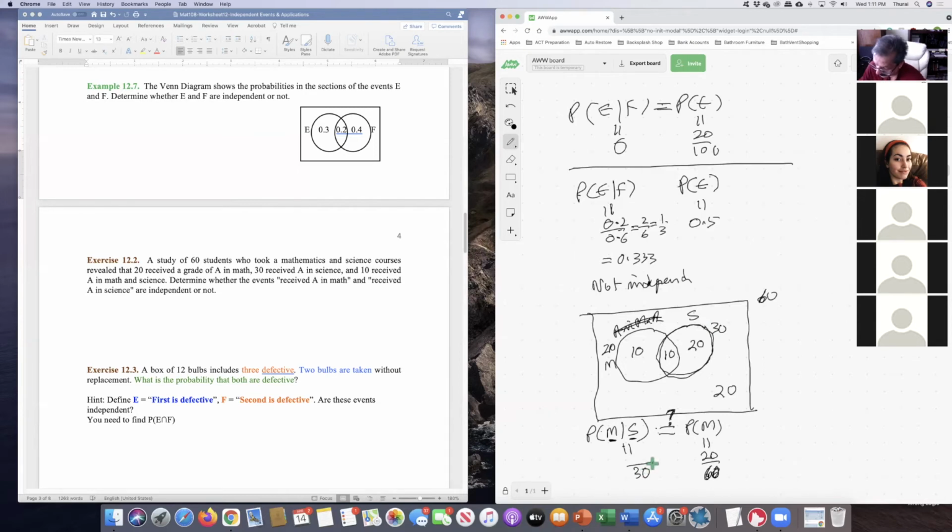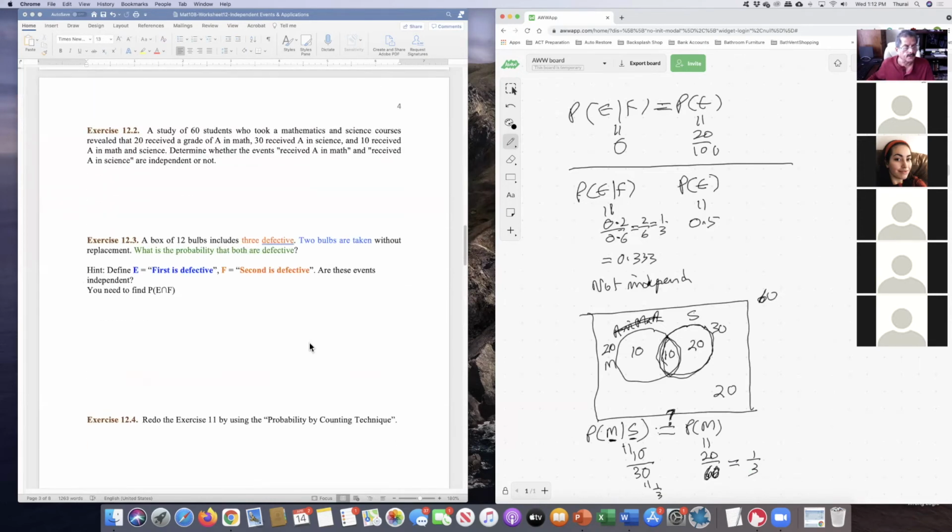The only way M can happen is if you're in the intersection. So 10 over 30, which is equal to 1 over 3. And this is equal to 1 over 3 as well. So they are equal. You really have to calculate them and check them. They are equal and therefore they are independent.